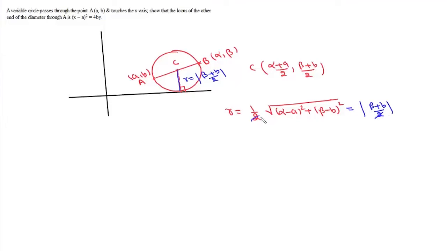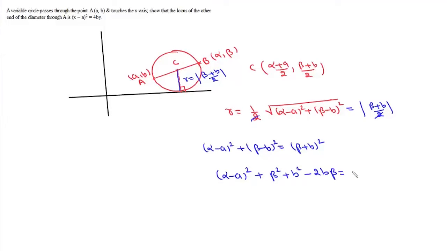Now this 2 and 2 will cancel. We square it, we can write (alpha minus a) squared plus (beta minus b) squared, and it will be equal to (beta plus b) squared. Now this is (alpha minus a) squared plus beta squared plus b squared minus 2b beta, and it will be equal to beta squared plus b squared plus 2b beta.